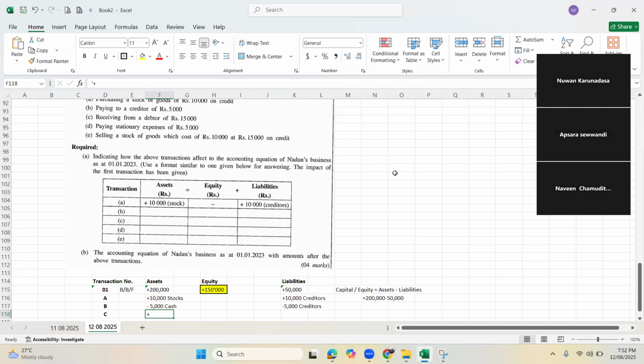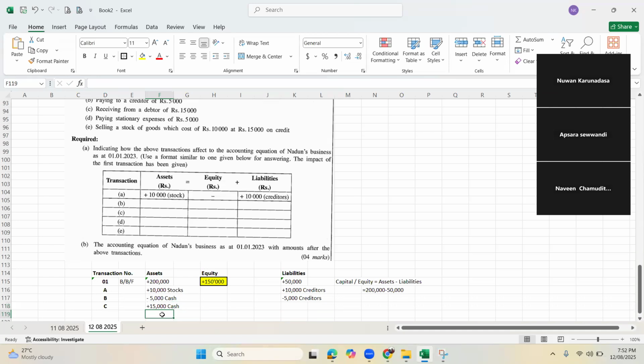We were discussing number 3, receiving from a debtor 15,000. So the answer is 15,000 cash coming in. From where do we collect the cash? Receiving from a debtor. Who is a debtor? Is it a liability?